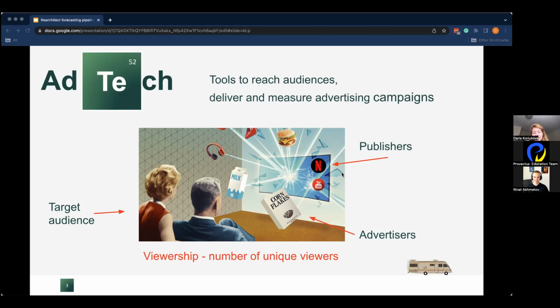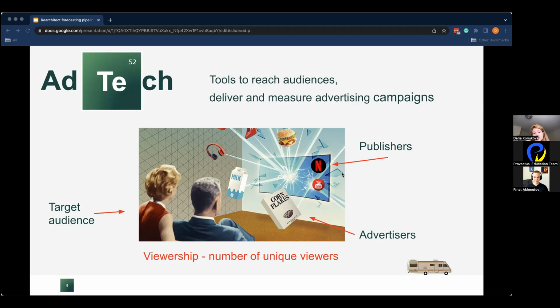And advertisers really want to spend every dollar wisely. So it doesn't make sense for them to advertise luxury cars in the middle of some Disney cartoon, because kids are probably not the target audience and not buyers of luxury cars.